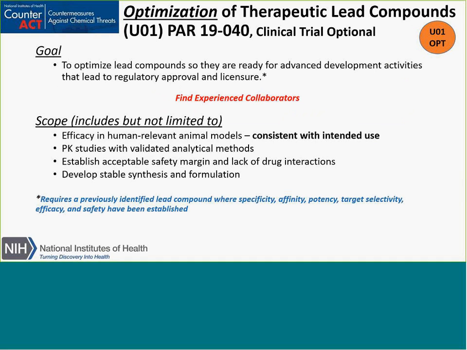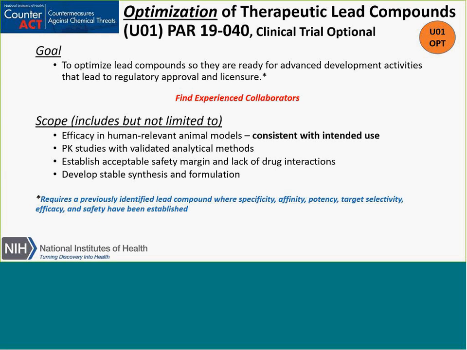This other U01 is for more advanced studies where a lead compound is already identified. At the end of the 4 to 5 year project, you should have an optimized lead compound ready for advanced development activities, possibly funded by BARDA or another agency, that leads to regulatory approval and licensure. In this program, it is recommended that you seek expertise in drug development and regulatory approval.